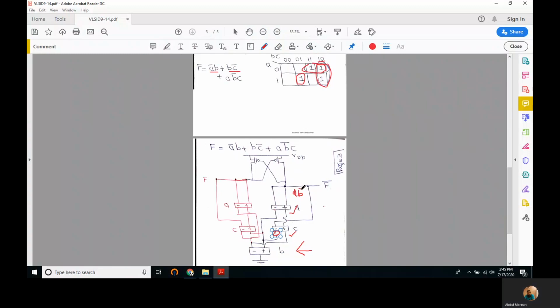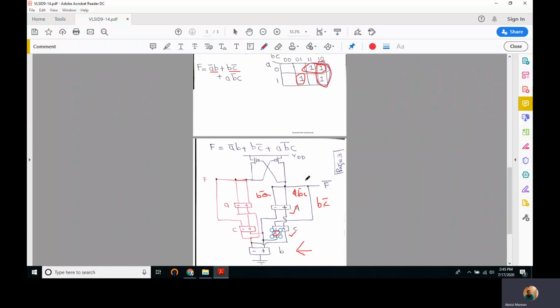Here we have B C bar, and on this line we have B A bar, or A bar B.